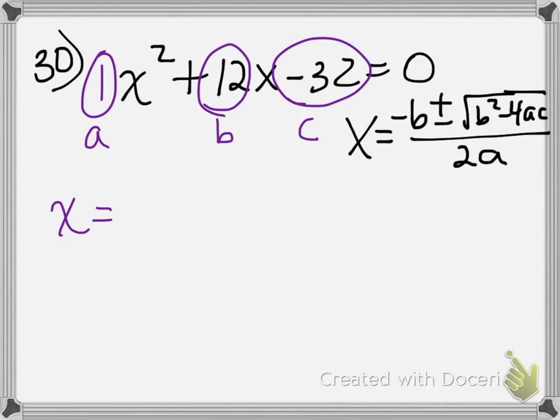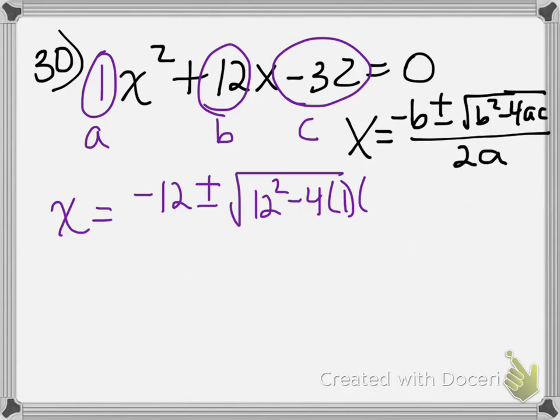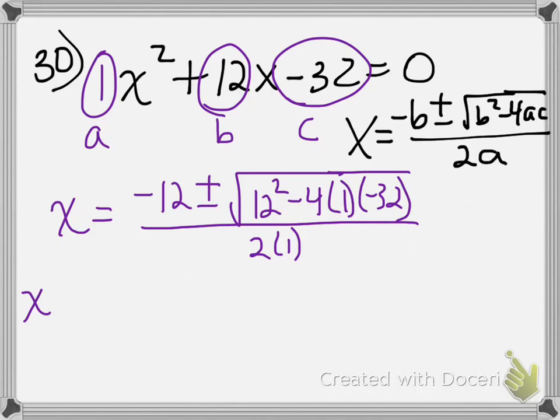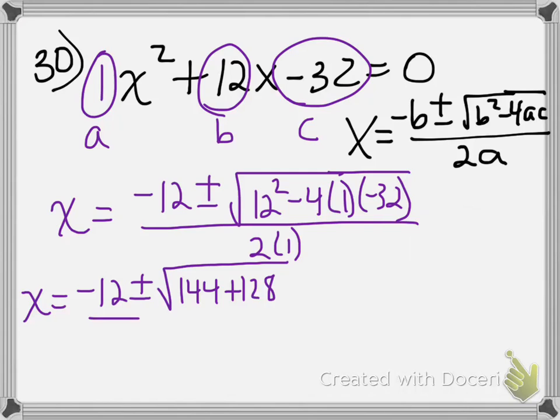So using my quadratic formula, I'm going to have negative 12 plus or minus the square root of 12 squared minus 4 times 1 times negative 32. And all of that's divided by 2 times 1. So simplifying this, I have negative 12 plus or minus the square root of 144 plus 128 divided by 2.